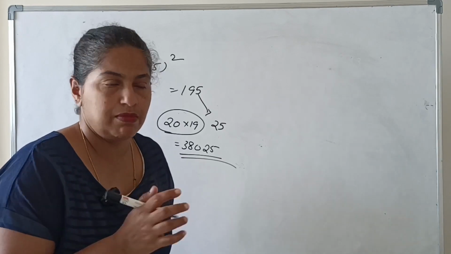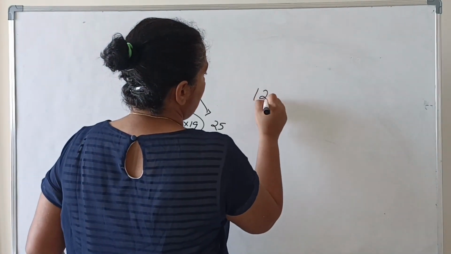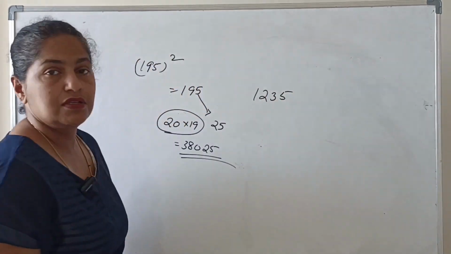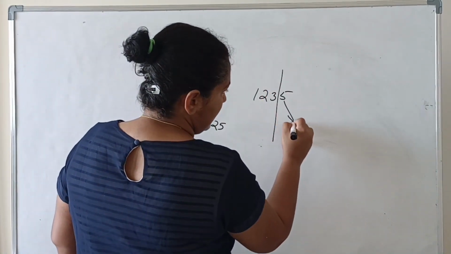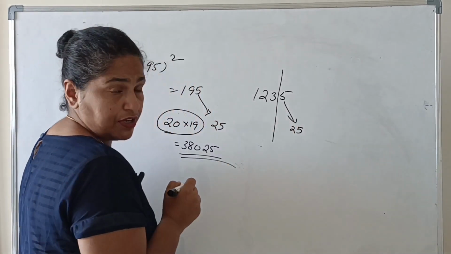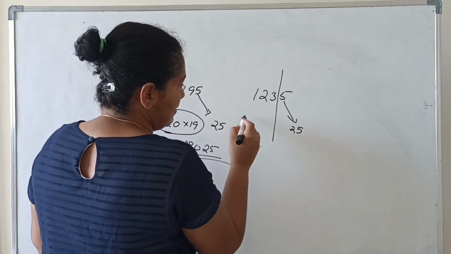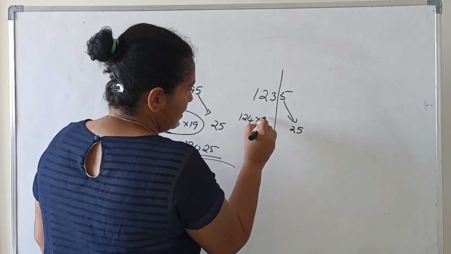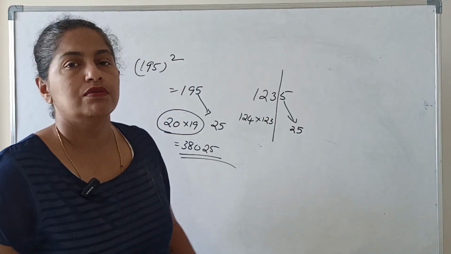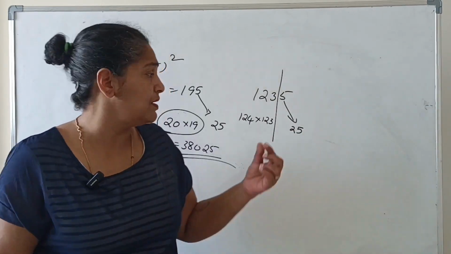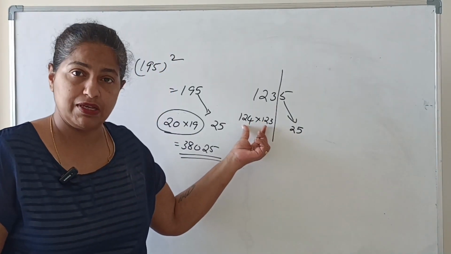Okay. So now let us take a bigger number, a 4-digit number. A random number, 1235. We use the same method. Divide the number. Write down the square of 5, which is 25. Increase the number by 1, 124 into 123, and the remaining part will be 25. Now, whenever you are having a bigger number, this part also becomes slightly bigger.